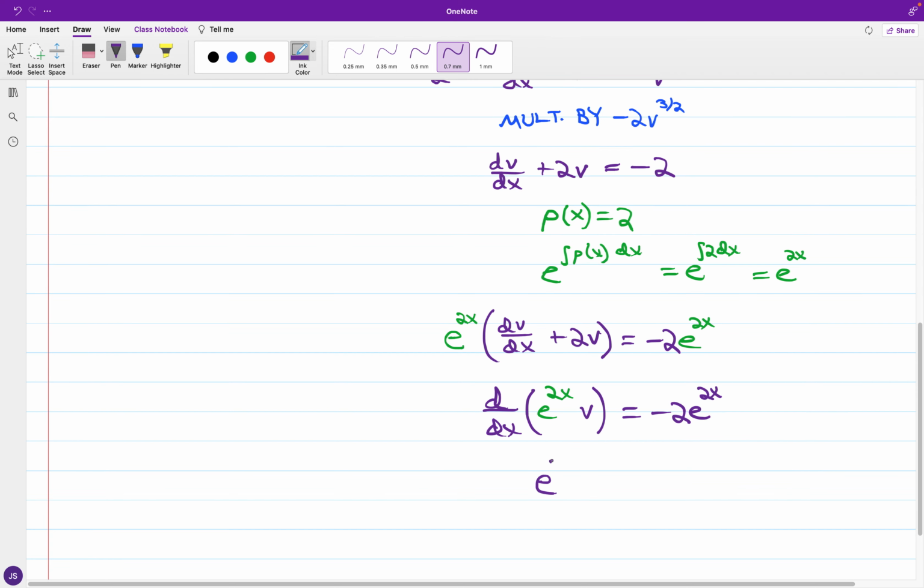We have e to the 2x times v is equal to the integral of negative 2 times e to the 2x dx.